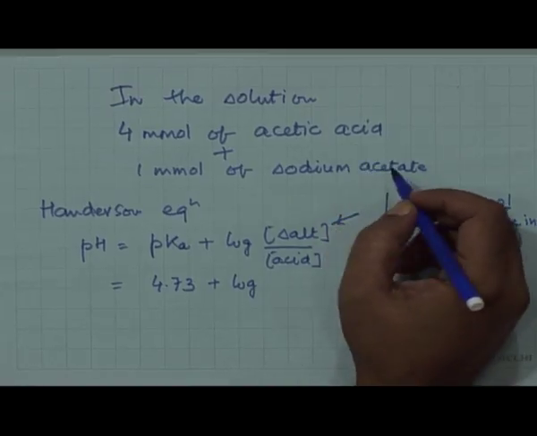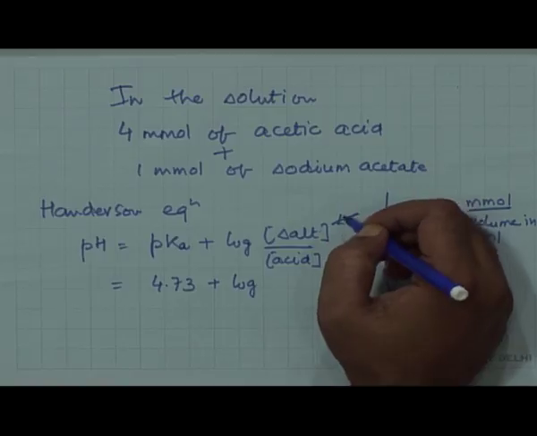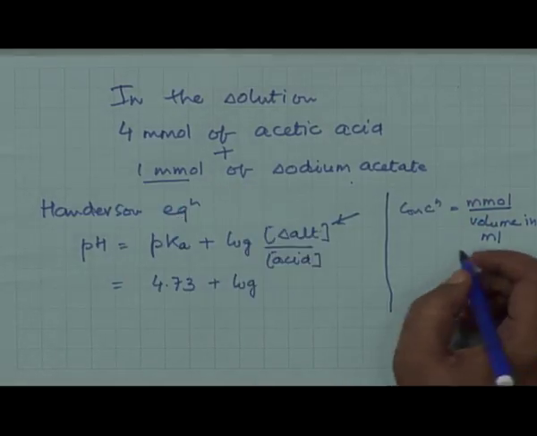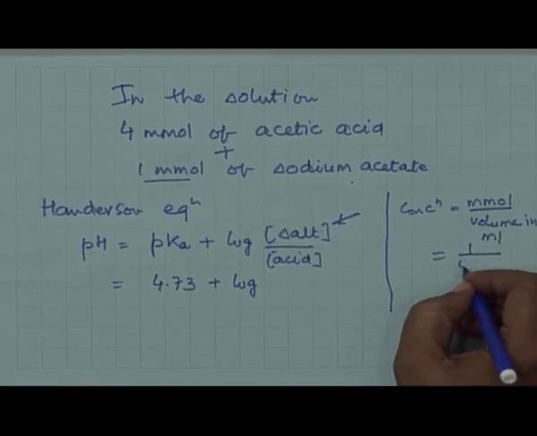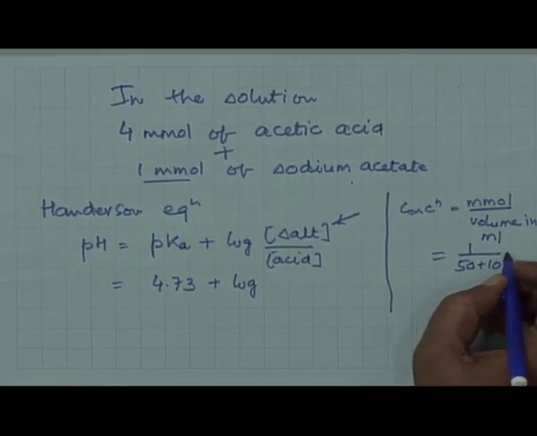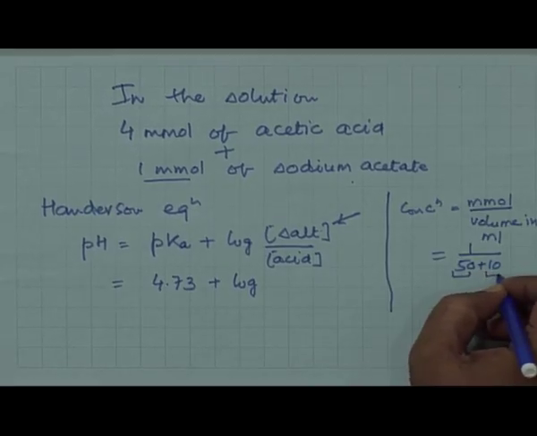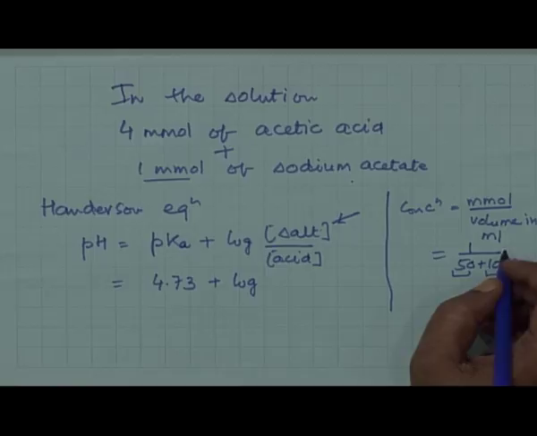The number of millimoles of salt is 1 millimole, so 1 divided by the volume, 50 plus 10, 50 of acetic acid and 10 of sodium acetate.